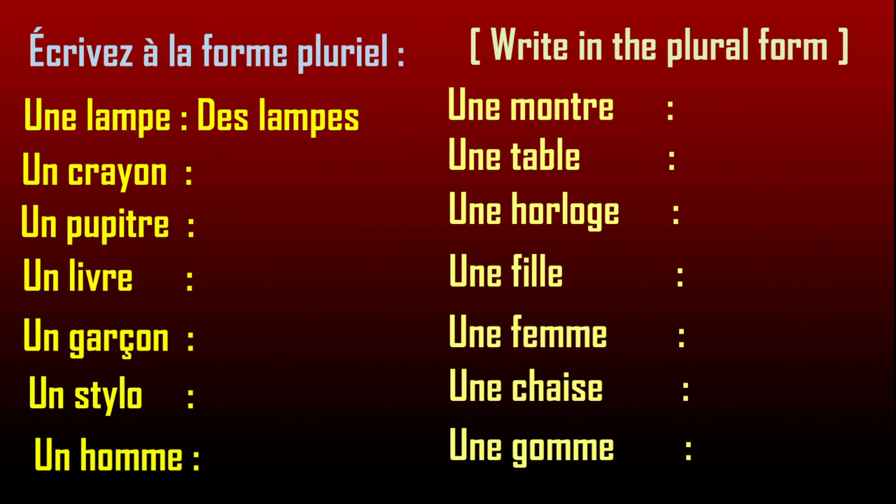Un pupitre, un livre, un garçon, un stylo, un homme, une montre, une table, une horloge, une fille, une femme, une chaise, une gomme. You must always repeat with me the pronunciation loudly to get used to French pronunciation. So make these words into plural.